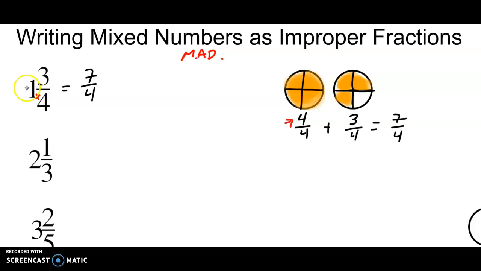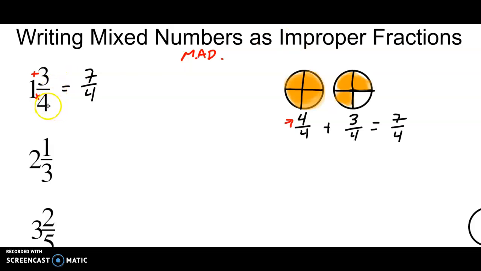Then, once I multiply 1 times 4, I'm going to add the numerator, because 4 plus 3 is 7. 4 times 1 plus 3 is 7 over the denominator of 4. 7 fourths.